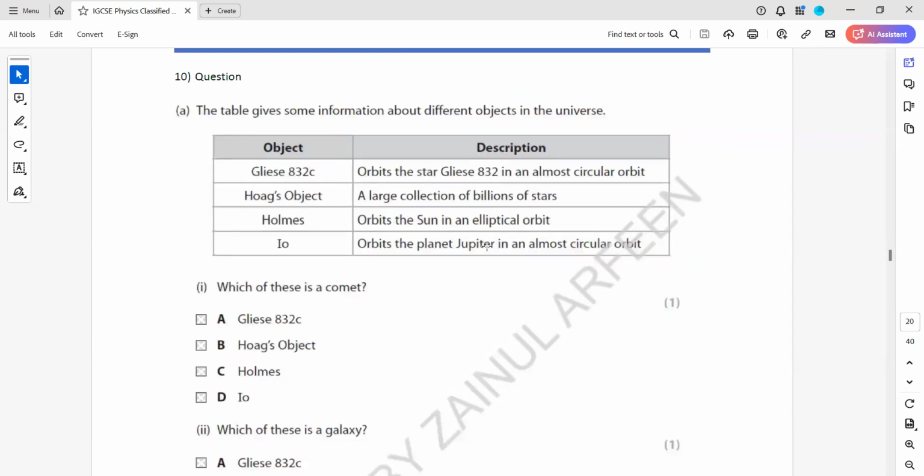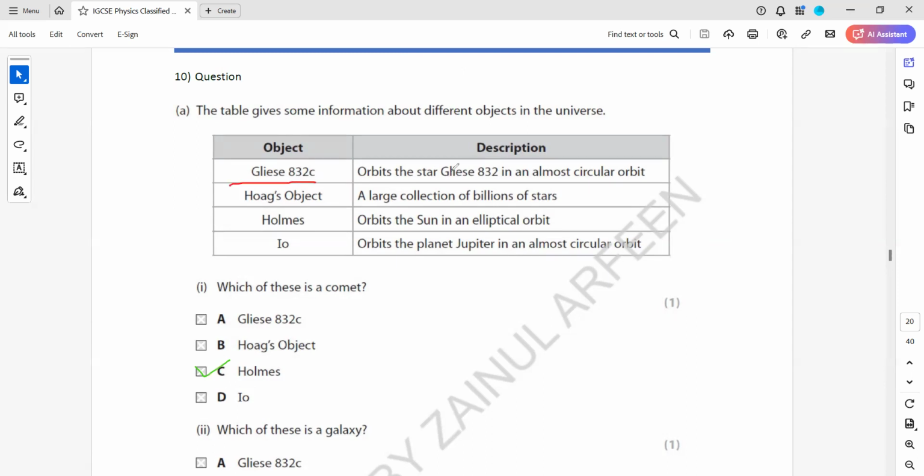Question 10: the table gives some information about different objects in the universe, and the description is given. Which of the objects is a comet? Orbits the sun in an elliptical orbit. Because it is elliptical, that's why it will be a comet.